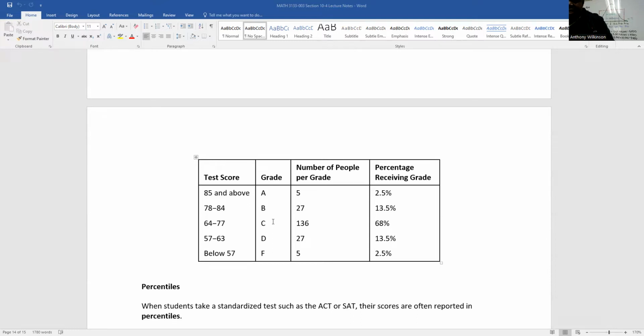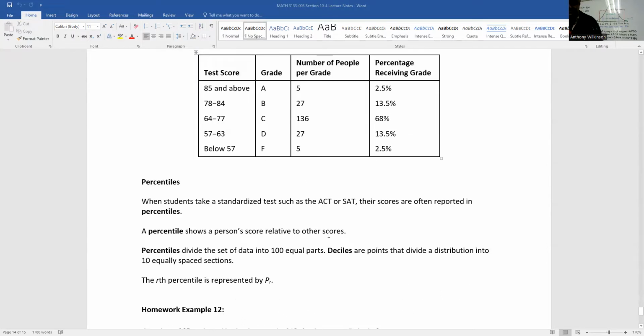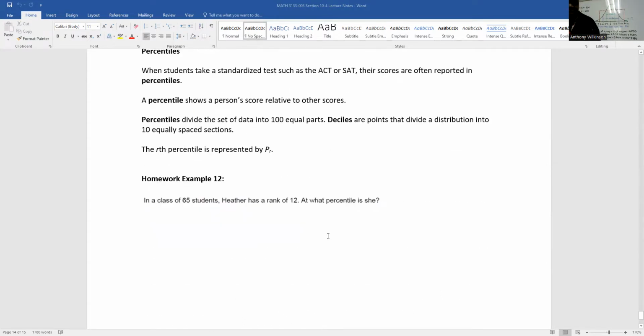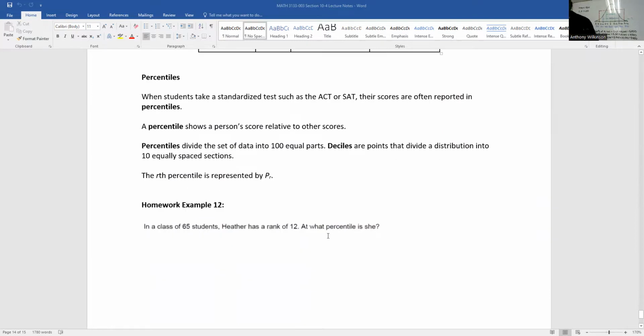All right, next we'll talk about percentiles. And that'll be the last thing in this section I'll discuss. Okay. When students take a standardized test such as the ACT or the SAT, their scores are often reported in percentiles. And what a percentile is, it shows the person's score relative to other scores.